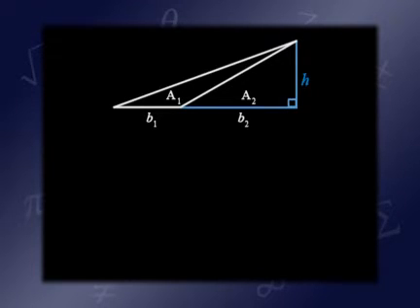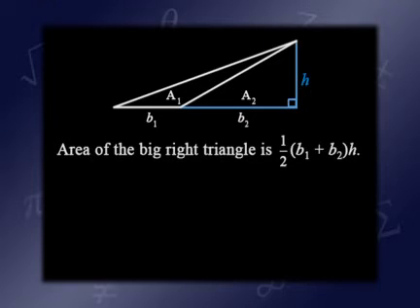And now we know for right triangles that the area is going to be 1/2 the length of its base times the height, right? And the length of its base is B1 plus B2 times the same height, that's h. So the area of the big triangle is 1/2 B1 plus B2 times h.